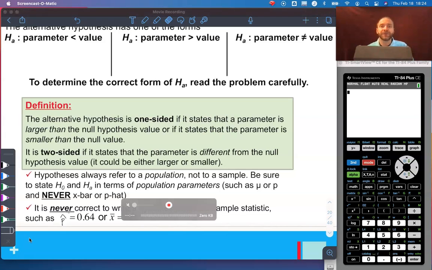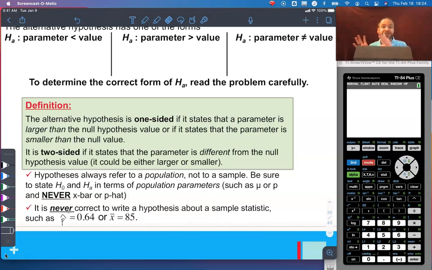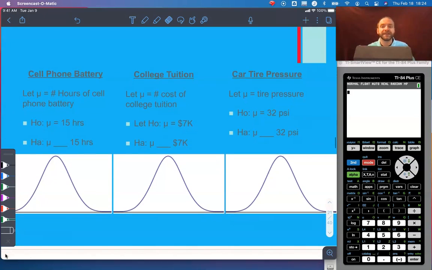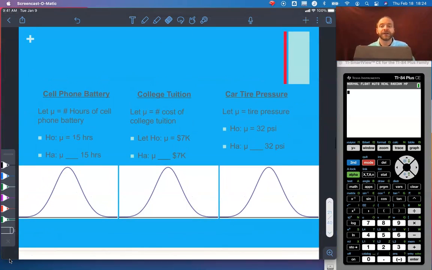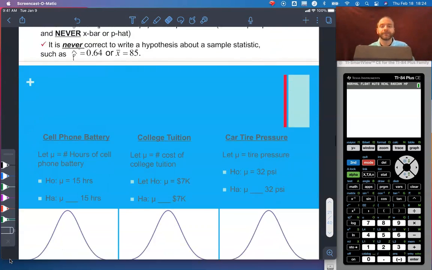Now let's take a look at these three spots: the parameter less than the value, the parameter greater than the value, and the parameter not equal to the value for your alternative hypotheses. We're going to use these situations here. Though it's in blue here, you're going to fill it in right up here.